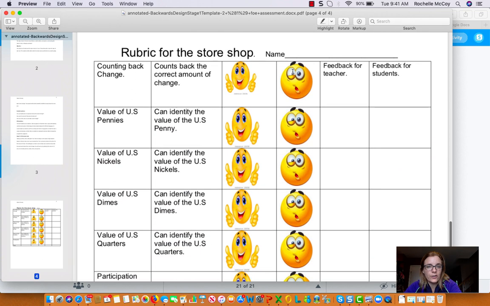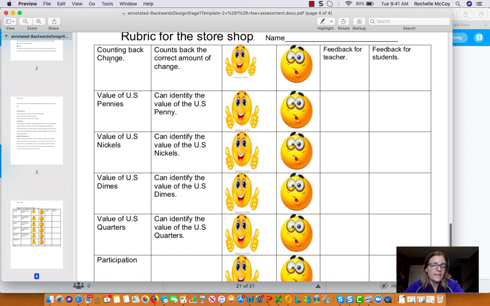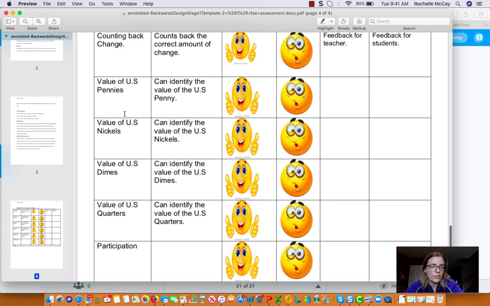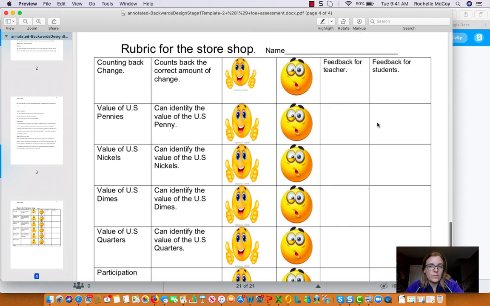But if you come down here, she went ahead and put it very nicely. So counting change back is the first one, which just shows that they're able to count. So it's a very authentic experience, and that they know the value of each of their coins, and then the participation. Feedback for teacher, feedback for students. So this is where the student can write anything in, the teacher could write anything in.